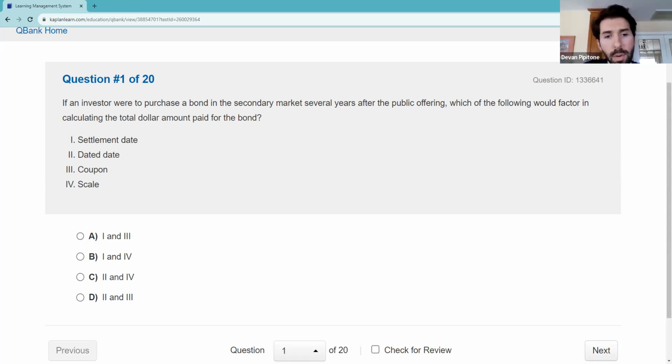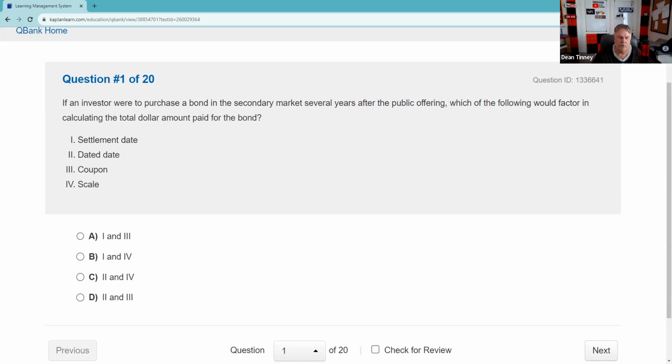It would be 2 and 3, wouldn't it? Well, the dated date is when it starts to accrue interest for the next time frame. And that would have something to do with the accrued interest. But here it's the settlement date, because we're going to calculate up to, but not including, the settlement date, and the total price paid for the bond. So here, indeed, it would be the settlement date and the dated date.